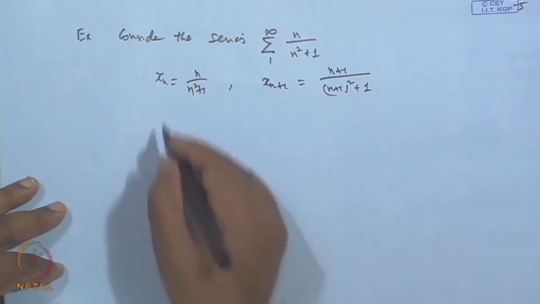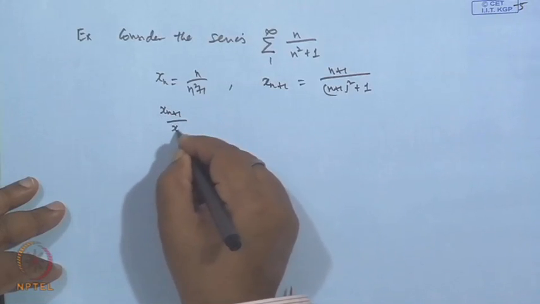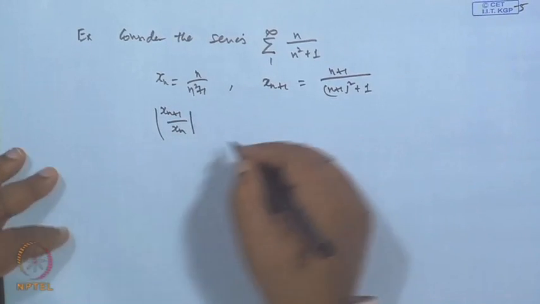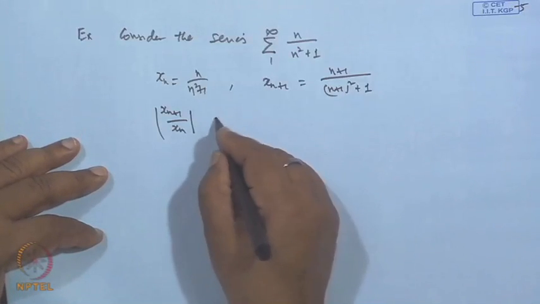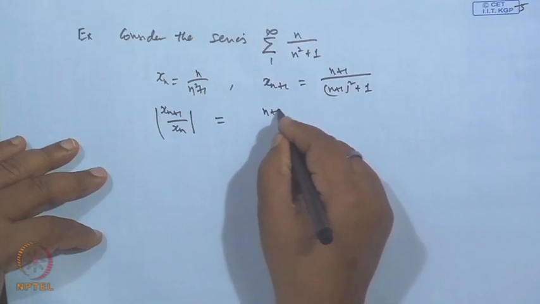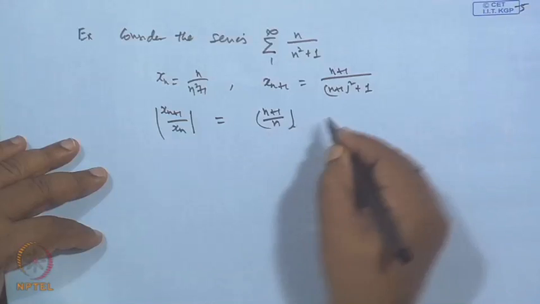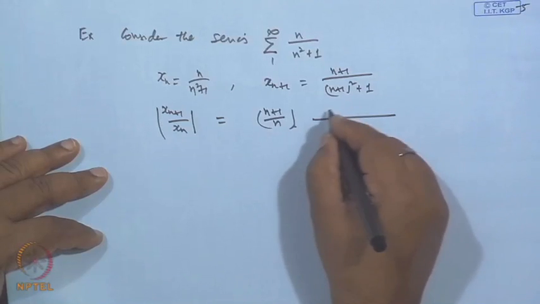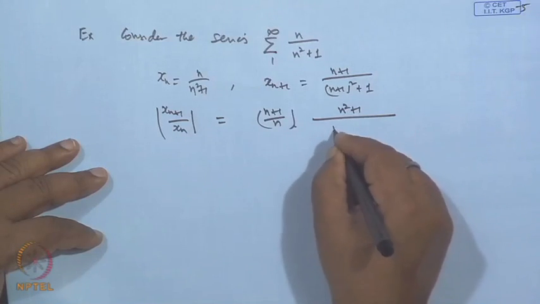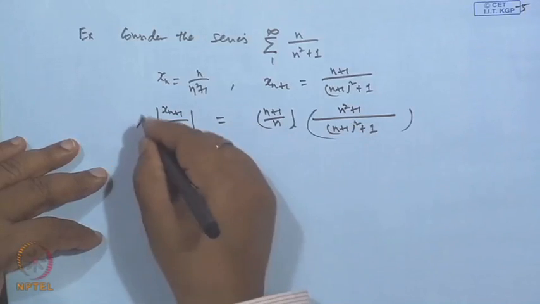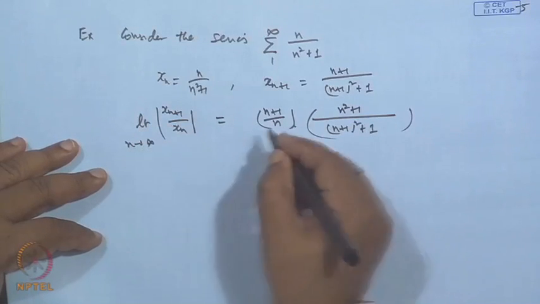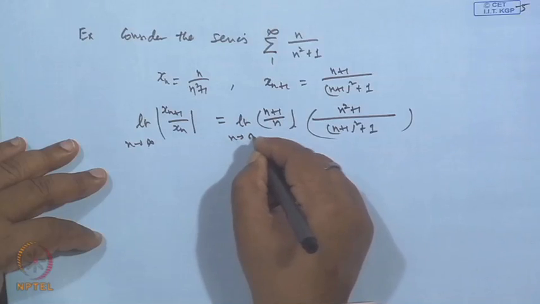So, when you take the modulus of x n plus 1 by x n, this comes out to be n plus 1 by n times n square plus 1 over (n plus 1) whole square plus 1, and then the limit of this as n tends to infinity.